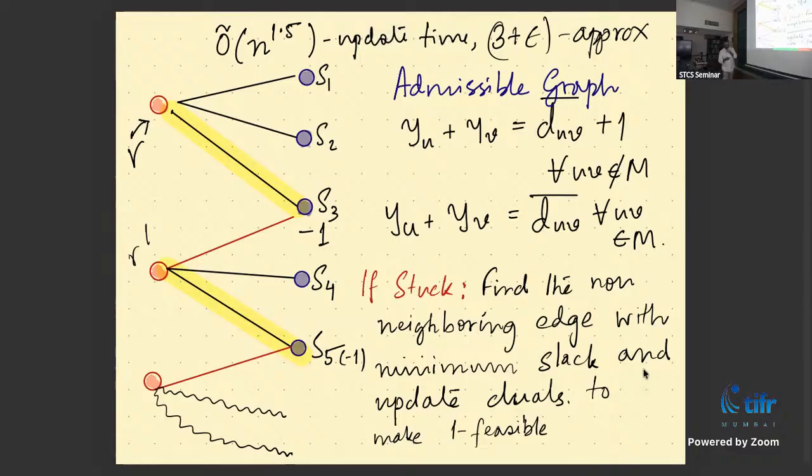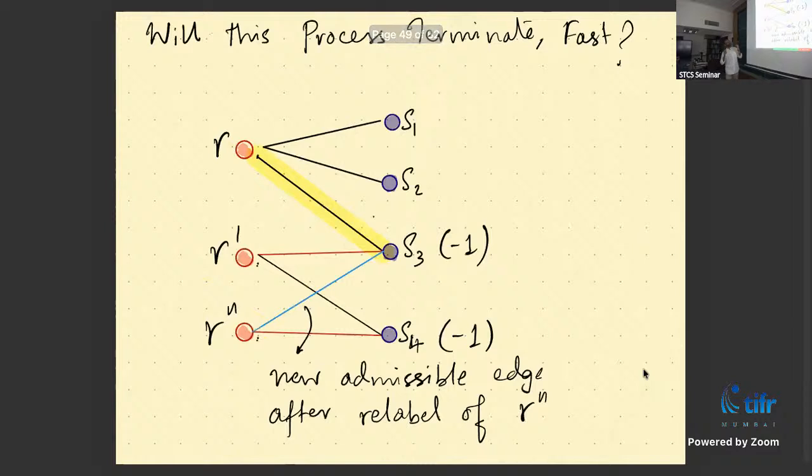Okay. Now here is a problem that can happen, right? Suppose you pushed R to S3, and you knocked out R prime. And then you pushed R prime to S4, you knocked out R double prime. But what if now R double prime wants S3 again? Then you will end up pushing out R, right?